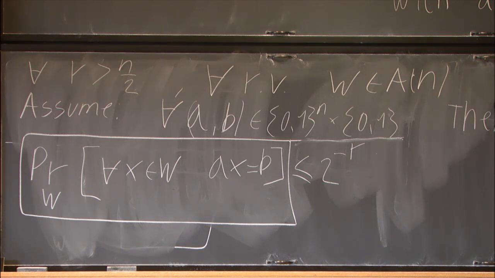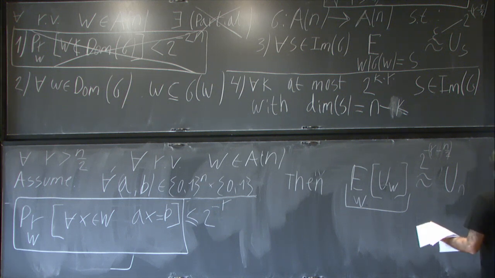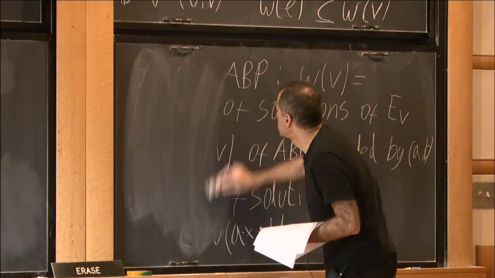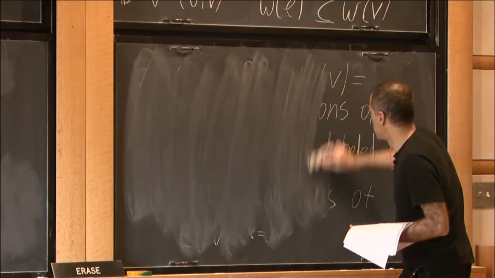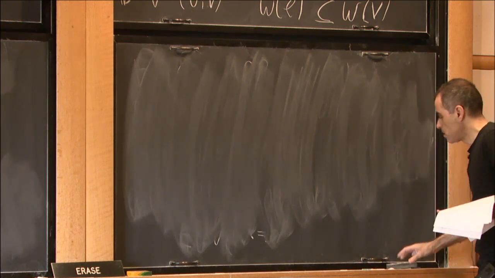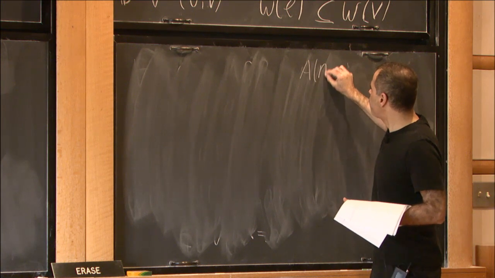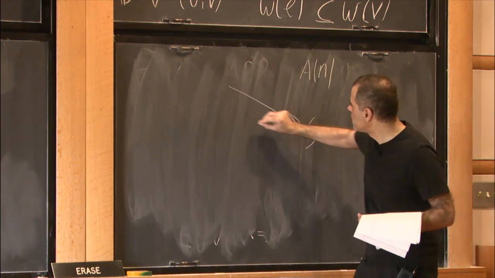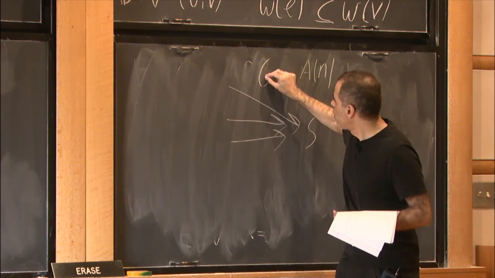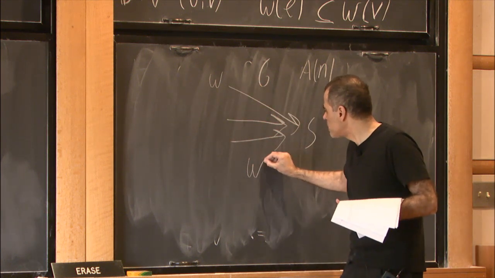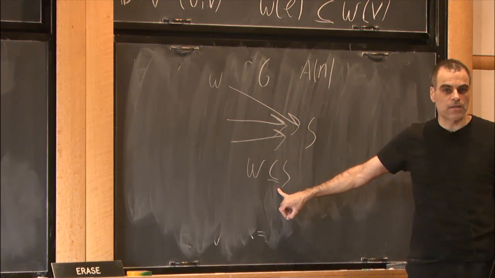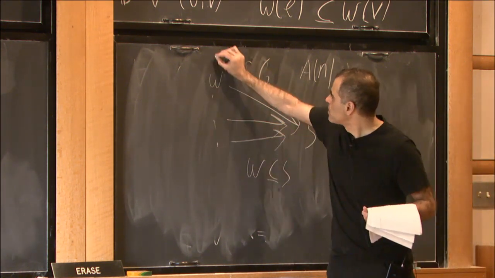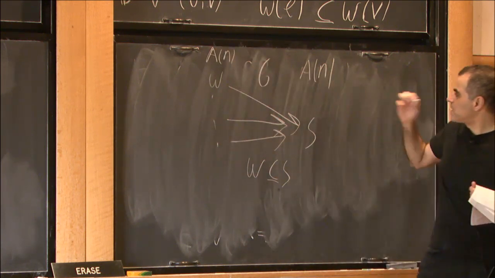We are going to find one element S in A_n, and we are going to match to it by sigma all the elements W such that W is contained in S. This is also A_n. I'm going to describe sigma from A_n to A_n.